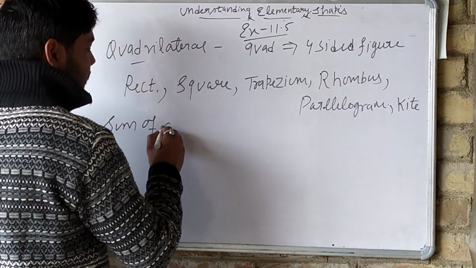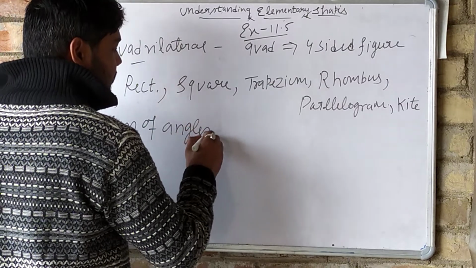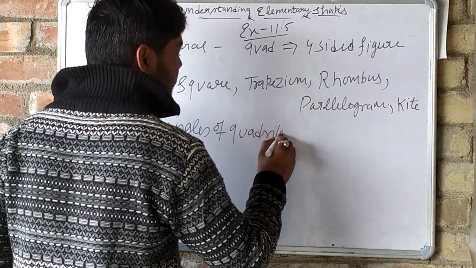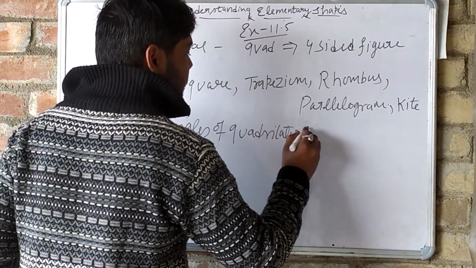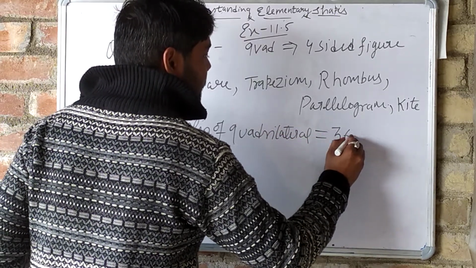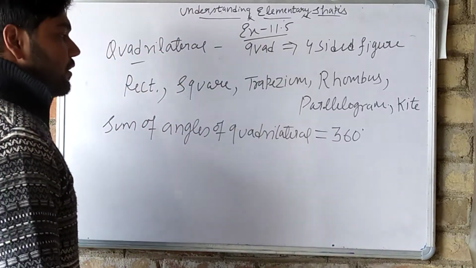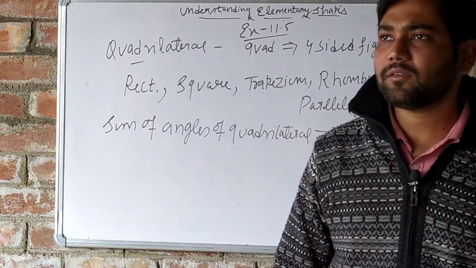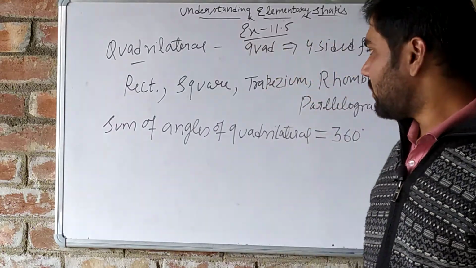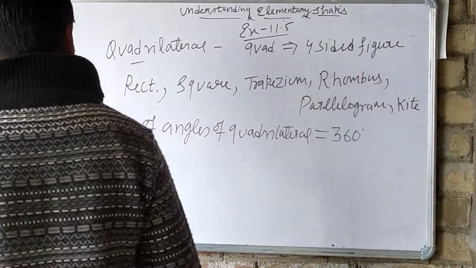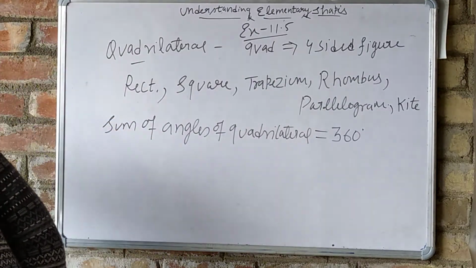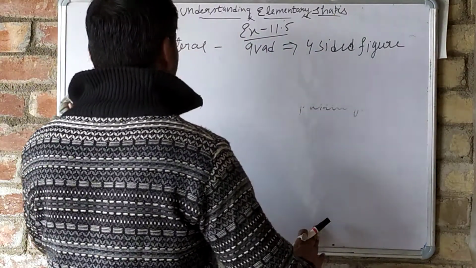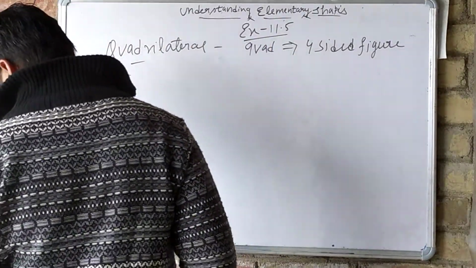The sum of angles of a quadrilateral is 360 degrees. This is the essential condition for a quadrilateral. Now we will see each and every figure.